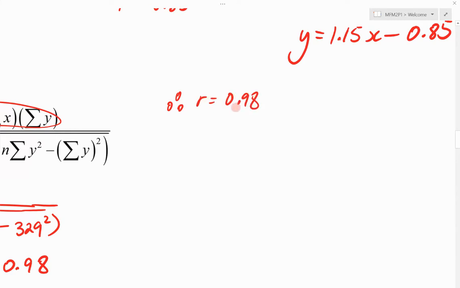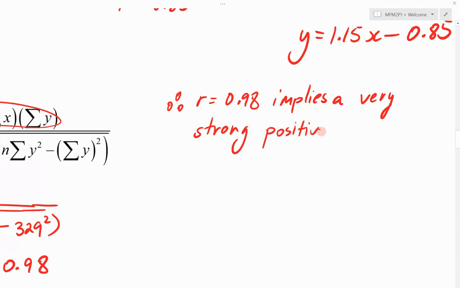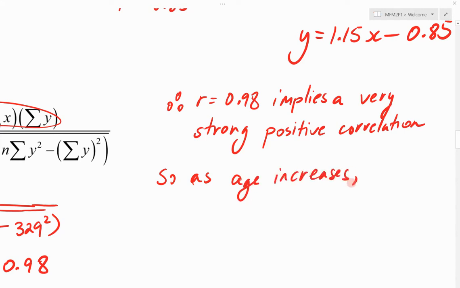That's almost 1. So this implies a very strong positive correlation. As age increases, we can say with very strong certainty based on this data, income also increases.